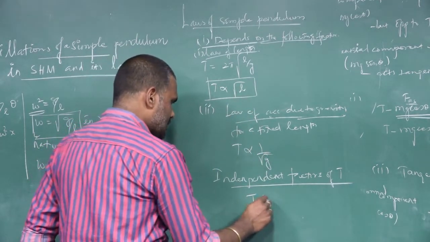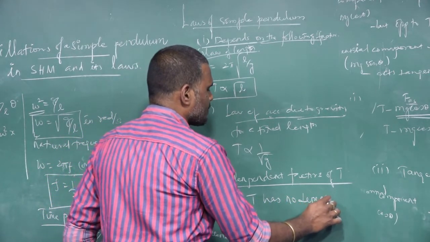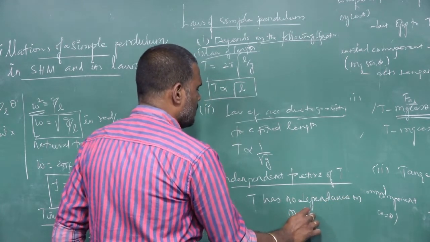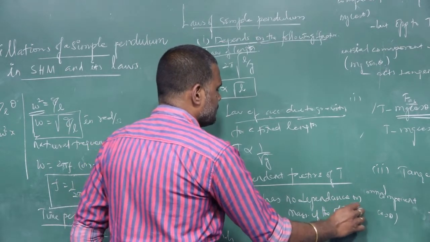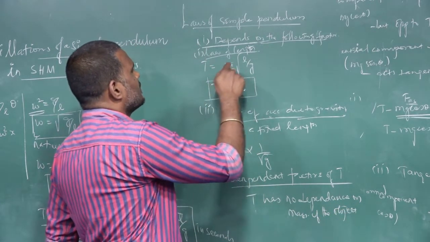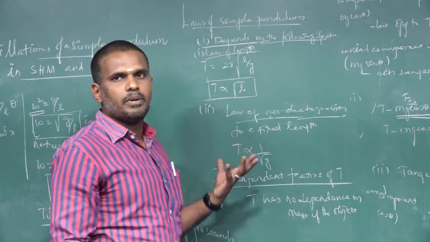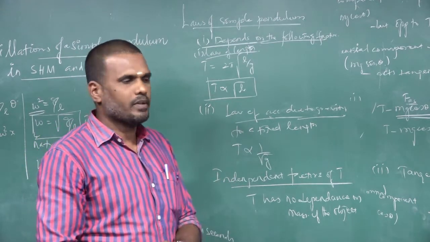So the time period has no dependence on the mass of the object. In this expression we do not get any term like mass, which means the time period of the simple pendulum is independent of the mass of the object.